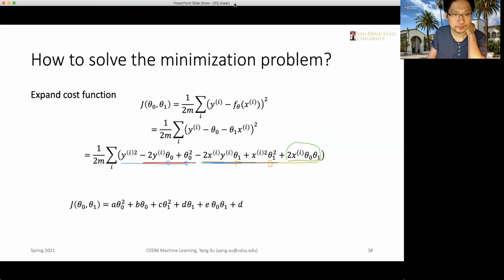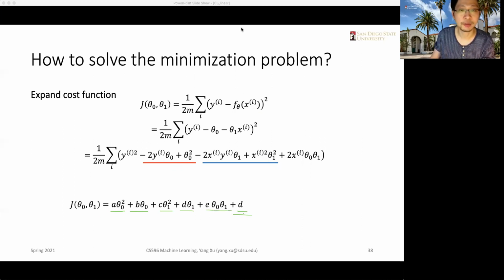So we can simplify the term like this, because it's basically a quadratic function, right? It's a quadratic function in the form of a times theta 0 squared plus b times theta 0 plus c times theta 1 squared plus d times theta 1 plus e times theta 0 times theta 1 plus some constant.